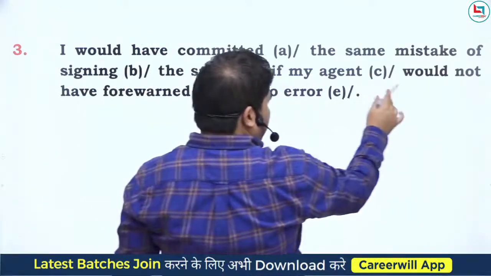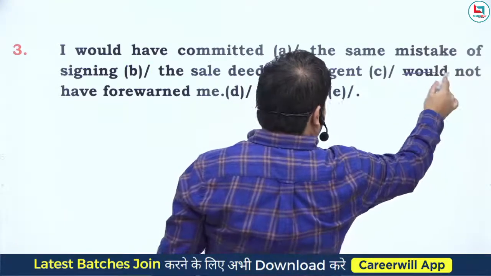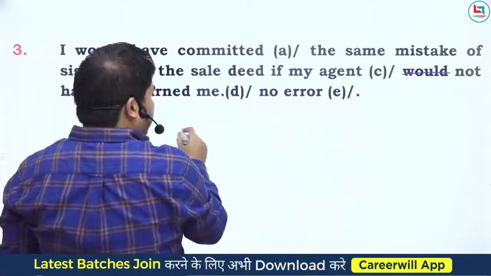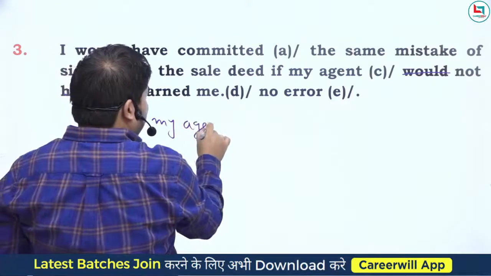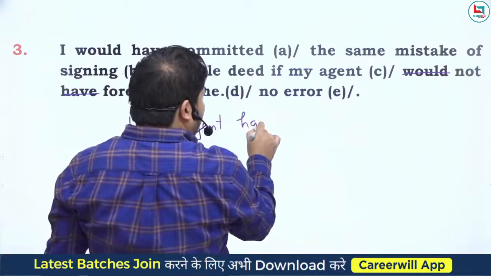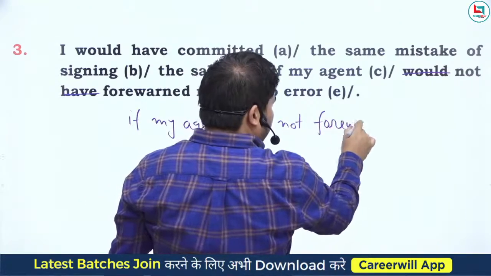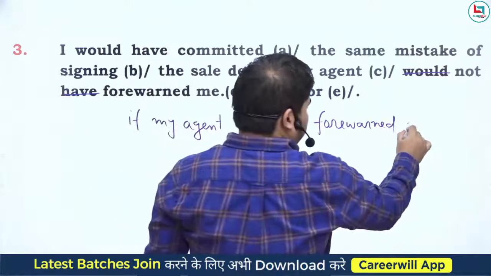This is the conditional clause, and here what we see, would not have is written, which is incorrect. That should be written in past perfect. So if my agent had not forewarned me, right? This is the correct structure.